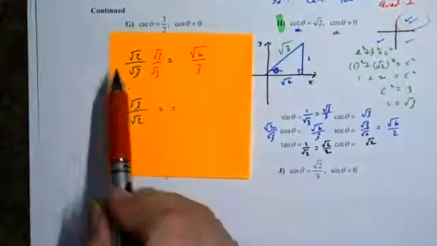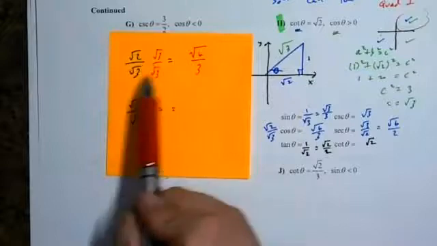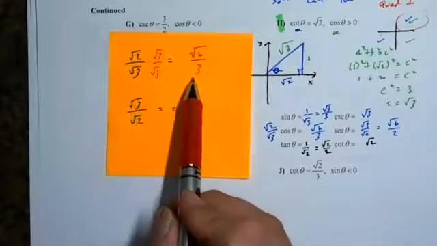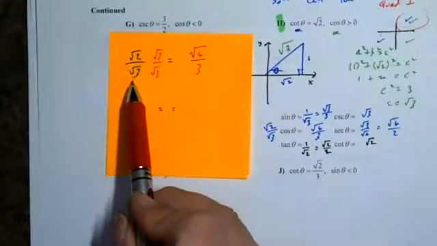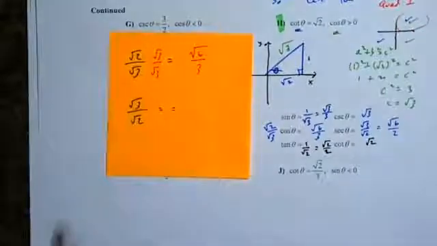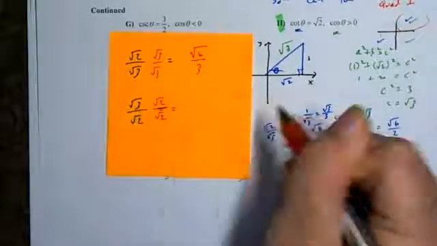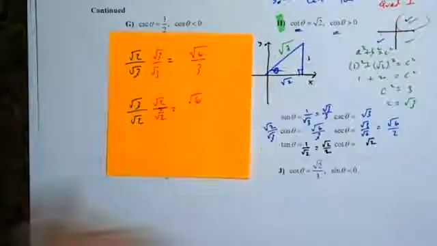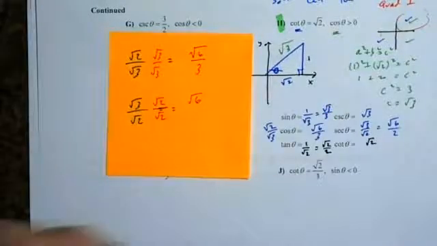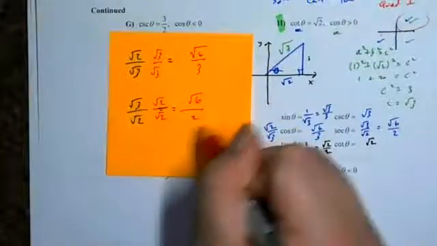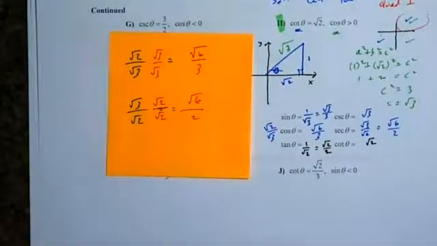Because square root of 2 times square root of 3 is square root of 6. Square root of 3 times square root of 3 is square root of 9, which is 3. Remember when they had the same radicand? That just comes out. Here I'm multiplying by square root of 2 over square root of 2. Square root of 3 times square root of 2 is square root of 6. Square root of 2 times square root of 2 is 2. So that explains those two solutions.